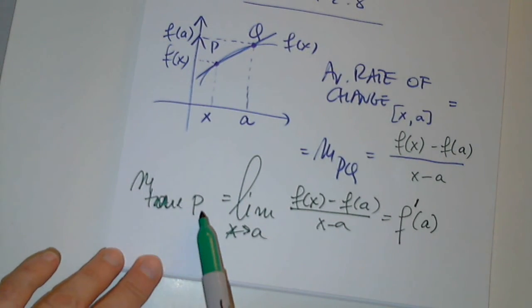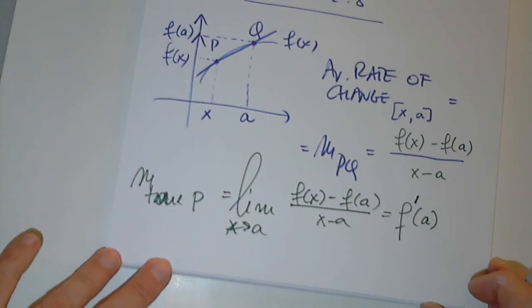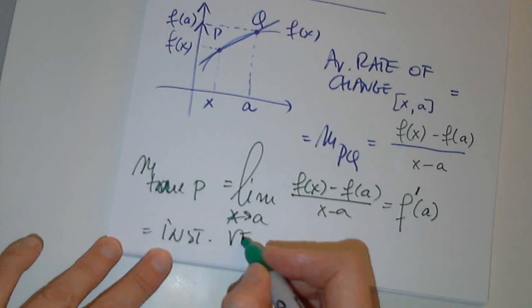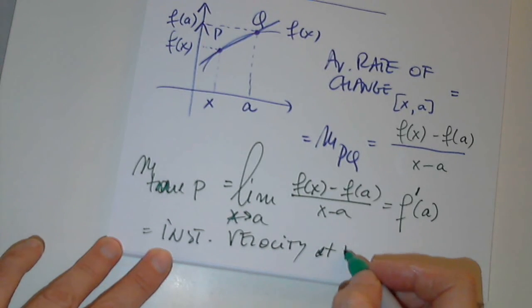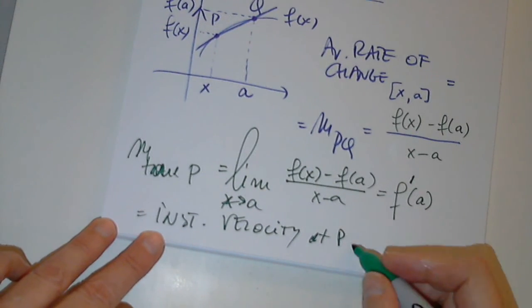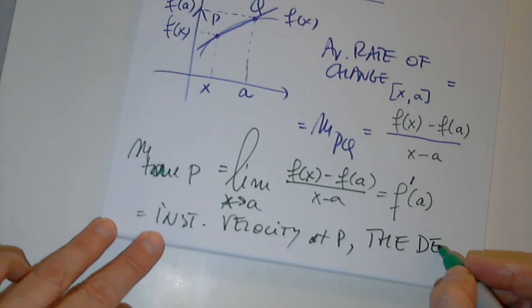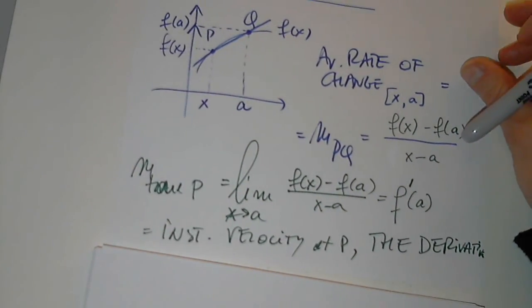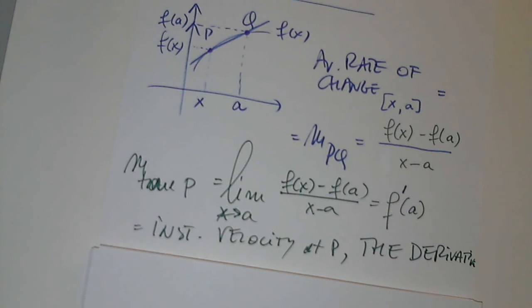This is not only the slope of the tangent line at P, it's also, as Omari said, the instantaneous velocity at P if the function is a distance function, but also the derivative of function f evaluated at a, at x equals a.